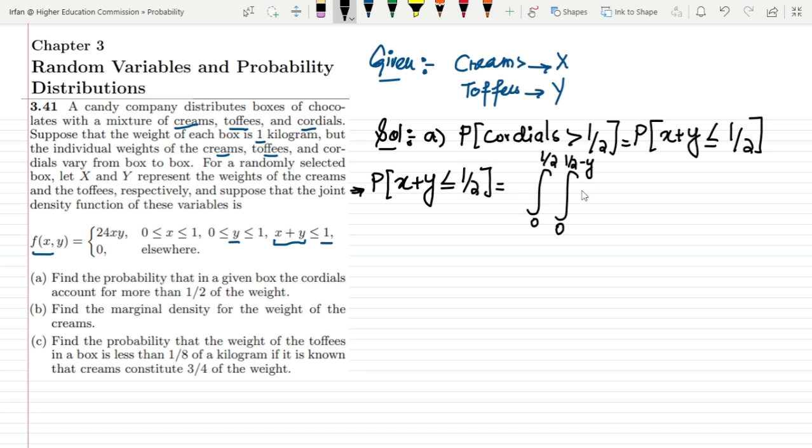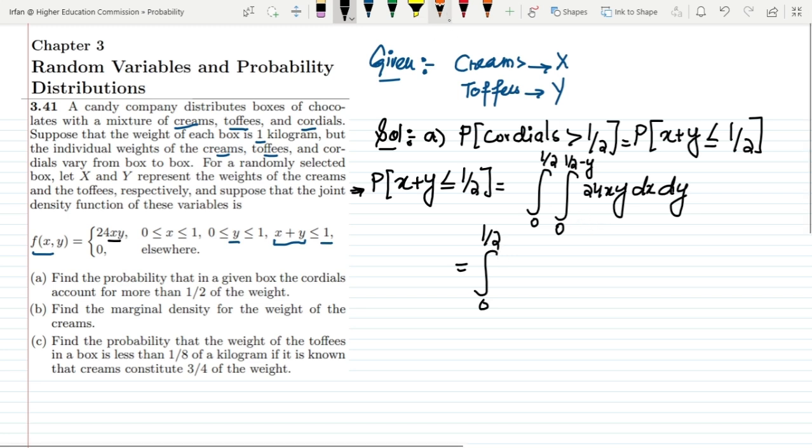Now writing the function here, that is 24xy, and integrating it with respect to x and also with respect to y as well. Because we are adding the two variables, I have to add them together by using integration, which is for continuous functions. Now here 0 to 1 by 2, integrating first with respect to x.